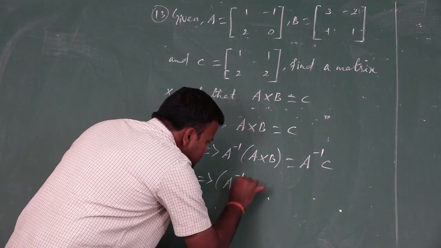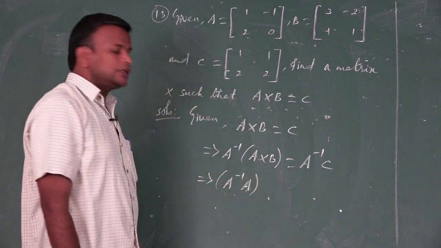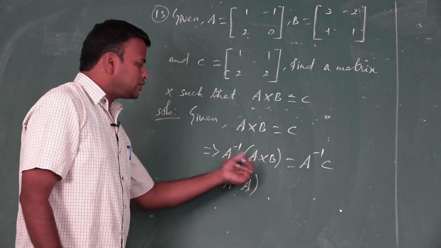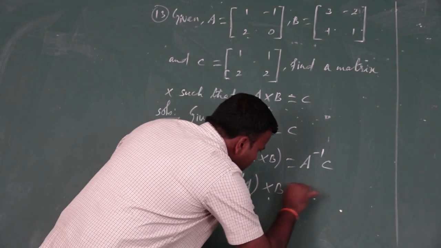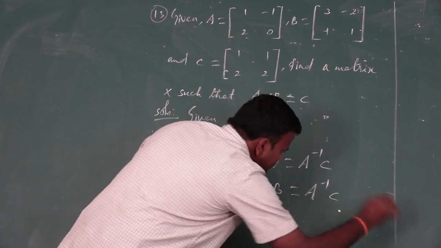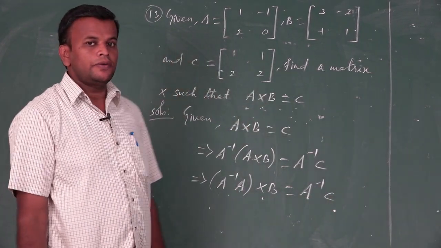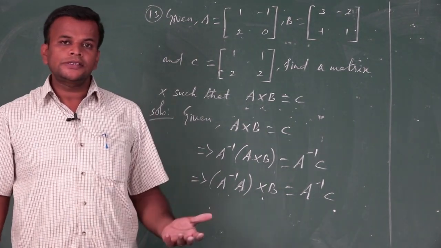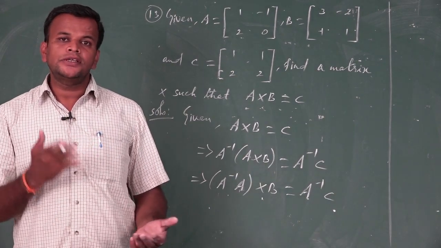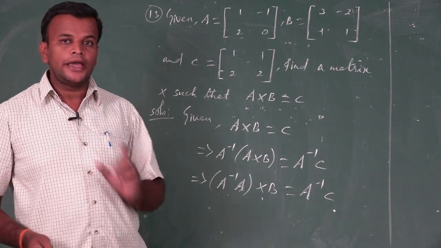I write it as A inverse into A. What are the remaining two matrices? X, B is equal to A inverse C. You know very well, what is the value of A inverse into A? A into A inverse, or vice versa, A inverse into A, the value is always an identity.